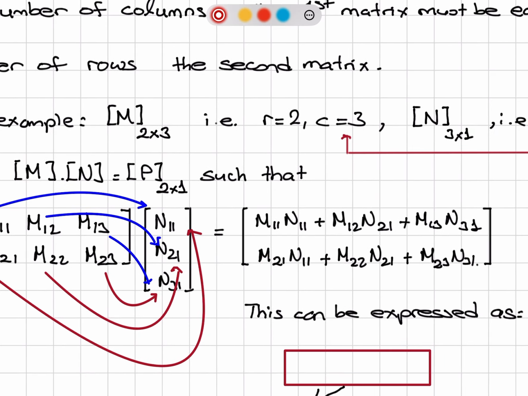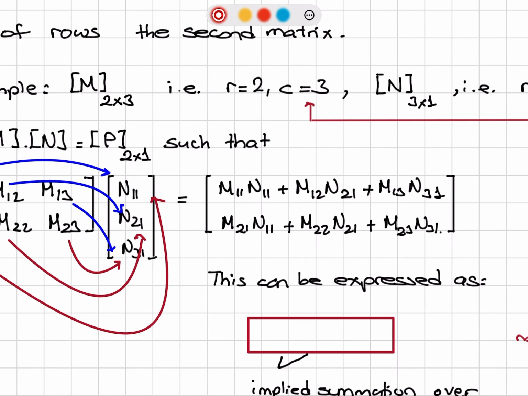And this can be expressed in terms of the matrix element as the ith row, jth column element of the M matrix is multiplied with the jth row, kth column element. Now, if we have a repetition of the index here, Einstein's summation notation tells us that this implies addition. So this is going to be added over this index, and it will give us the ith row, kth column of the P matrix. So this will give us P_ik.